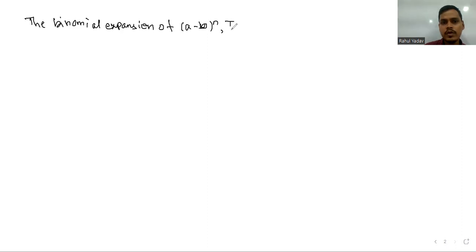So the general term we will use here is T(r+1) equals minus 1 power r nCr a power n minus r b power r. So student, the general term over here is T(r+1) equal to minus 1 power r nCr a power n minus r b power r.